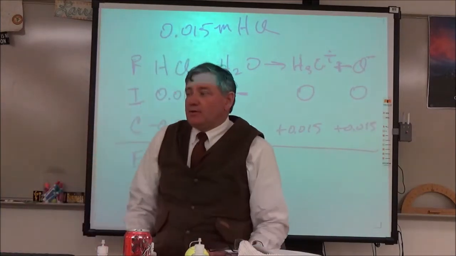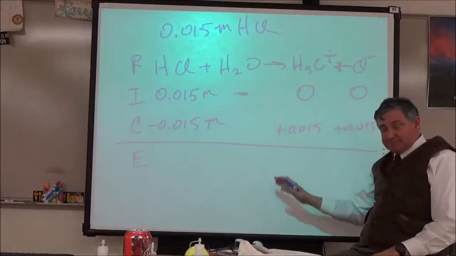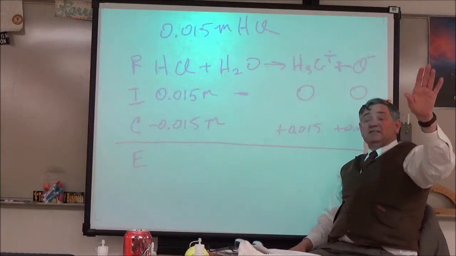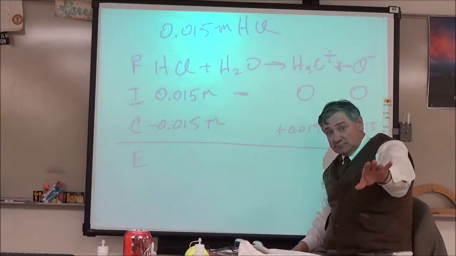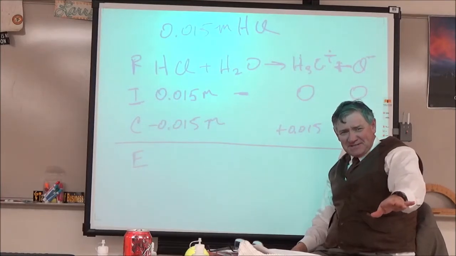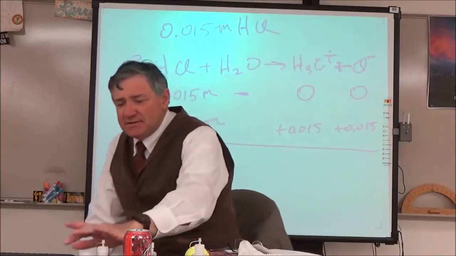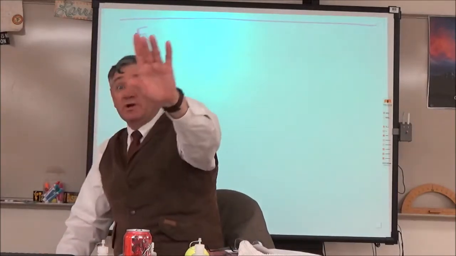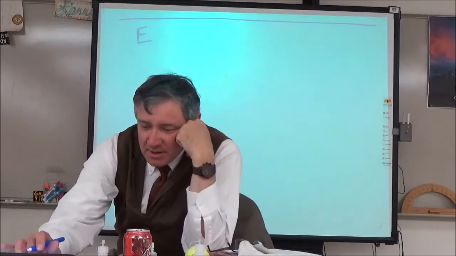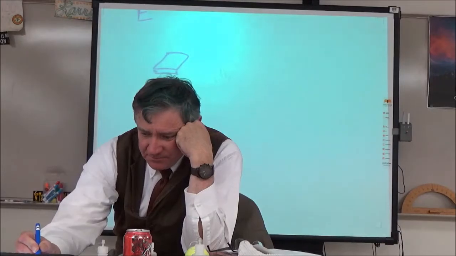Now, the reason that these numbers are the same, we're going to stop this for just a second. We're going to talk about cheese sandwiches. What do cheese sandwiches have to do with chemistry? Seriously. So pretend that this reaction doesn't exist. We'll get back to it. I like my cheese sandwiches to be pretty simple.